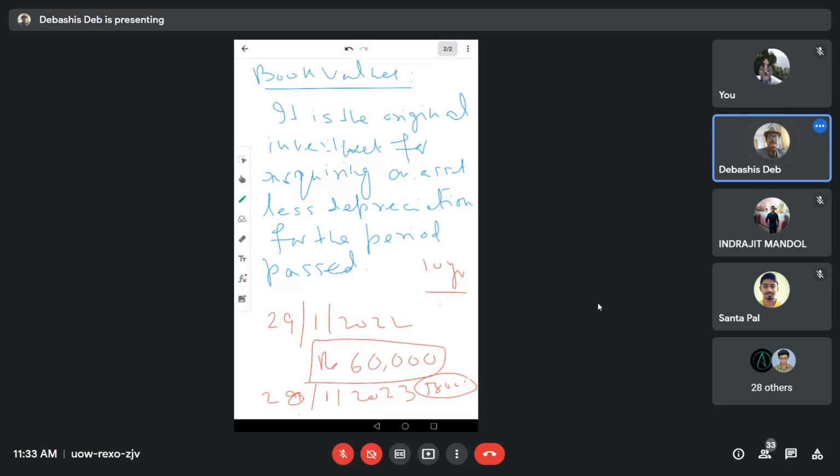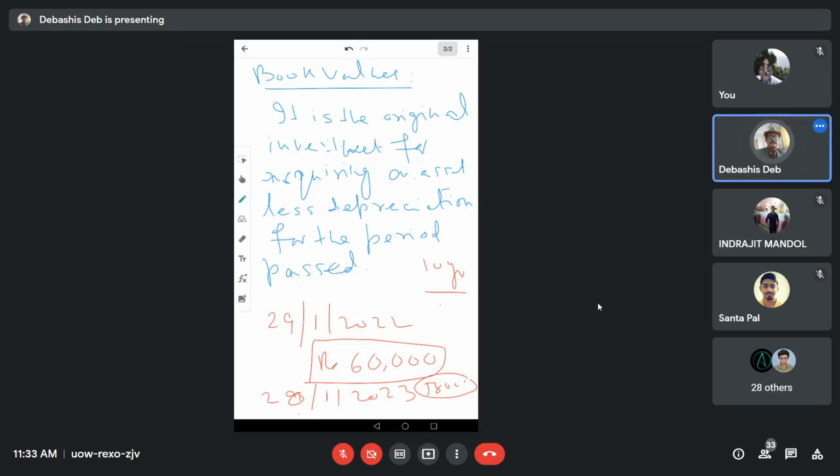Another example, I purchased one old building 10 years back at a cost of rupees 40 lakhs. So that time book value was 40 lakhs.